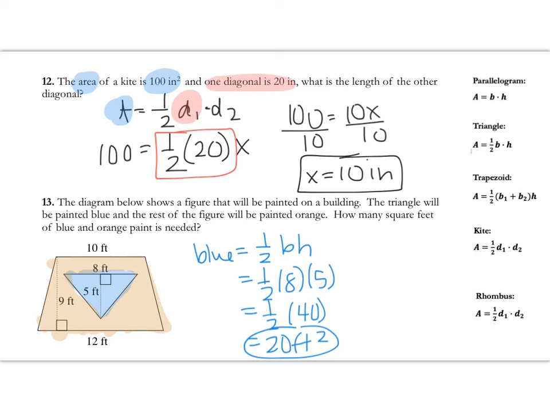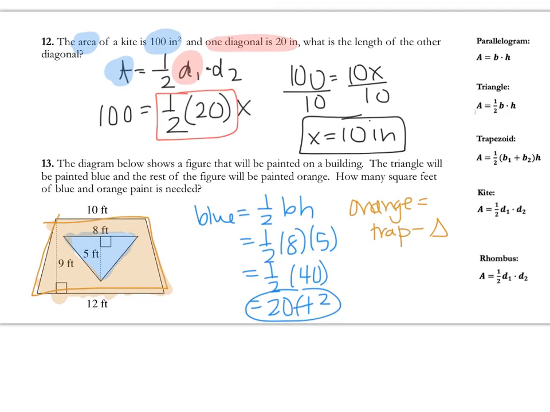So the outside shape does happen to be a trapezoid, but it's not the whole trapezoid that's orange. So to get the orange, I'm going to have to think about the math that has to happen here, as I actually have to do the trapezoid minus the triangle. So I have to subtract the blue part off to figure out how much orange paint we need, because we're not painting the whole trapezoid orange.